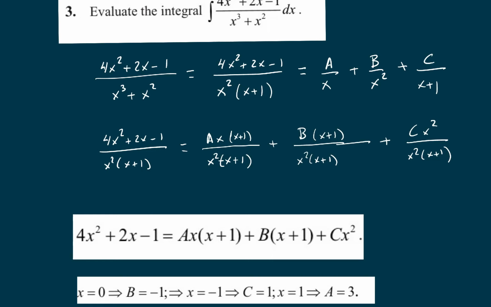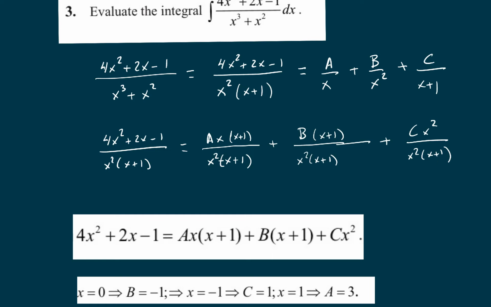How will I obtain B divided by x squared? The common denominator will be x squared times x plus 1. So it should be B multiplied by x plus 1, because x plus 1 will cancel with x plus 1, and I will obtain B divided by x squared. Now I have to obtain C divided by x plus 1. So how will I obtain C divided by x plus 1? The common denominator is x squared times x plus 1.